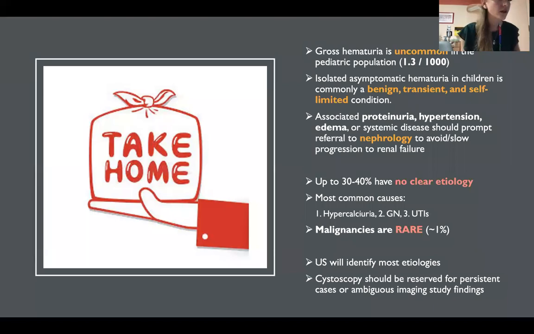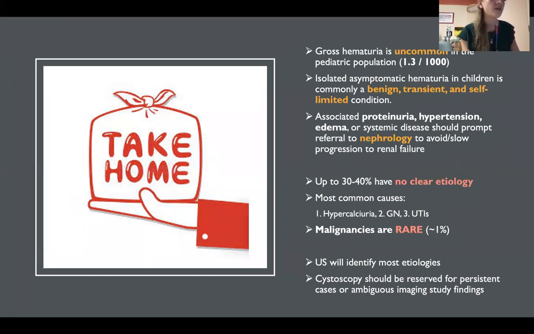So to finish this presentation, some of the messages to take home are that gross hematuria is uncommon in the pediatric population, and it's usually 1.3 out of 1,000 presentations of patients in the ER. And once glomerulopathies have been excluded, isolated asymptomatic hematuria in children is most commonly benign, transient, and self-limited.